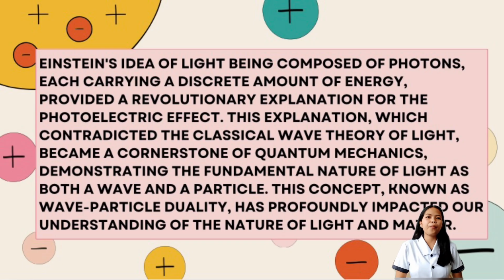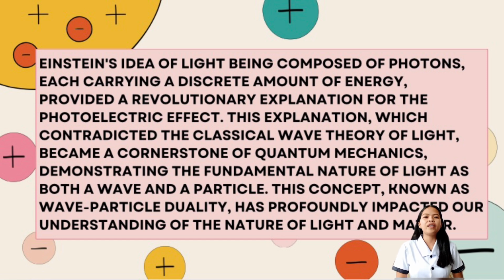Albert Einstein proposed that light is made up of photons and each photon carries a specific energy. By the equation, the energy of a photon is equal to Planck's constant multiplied by the frequency of light. This explanation of Einstein explained the photoelectric effect, where the light ejects electrons from the metal only if the frequency is high enough.